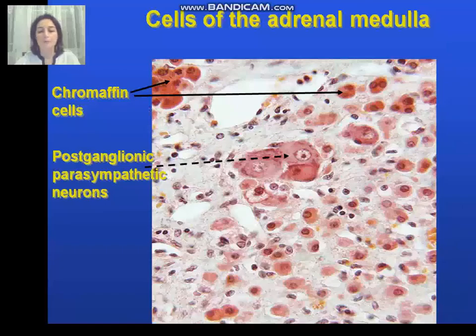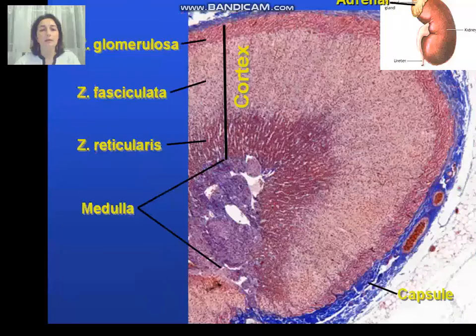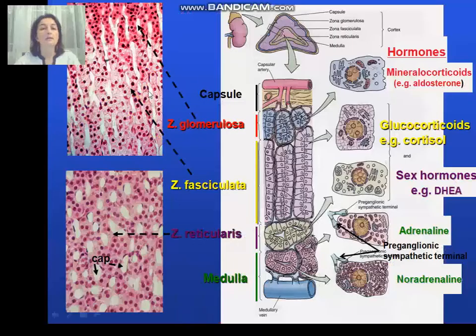Here the mitochondria will have cristae which have tubular shape, and they are also rich in glycogen inclusions. Between the zona glomerulosa and fasciculata there are located stem cells which are necessary for regeneration of the cells in these zones.